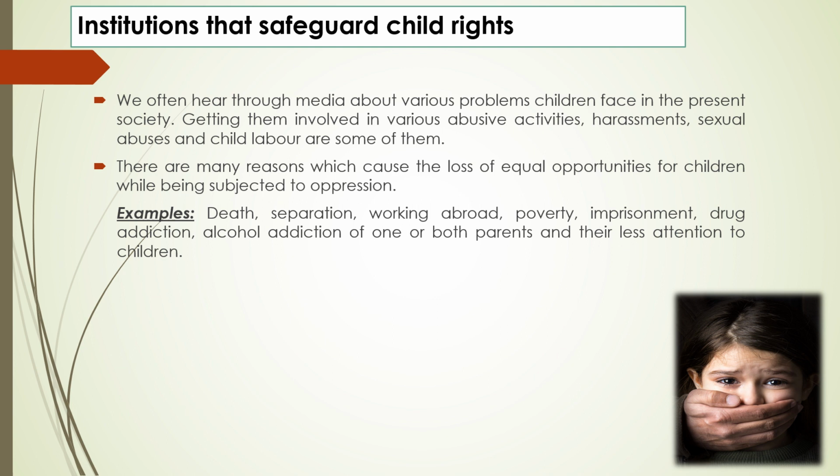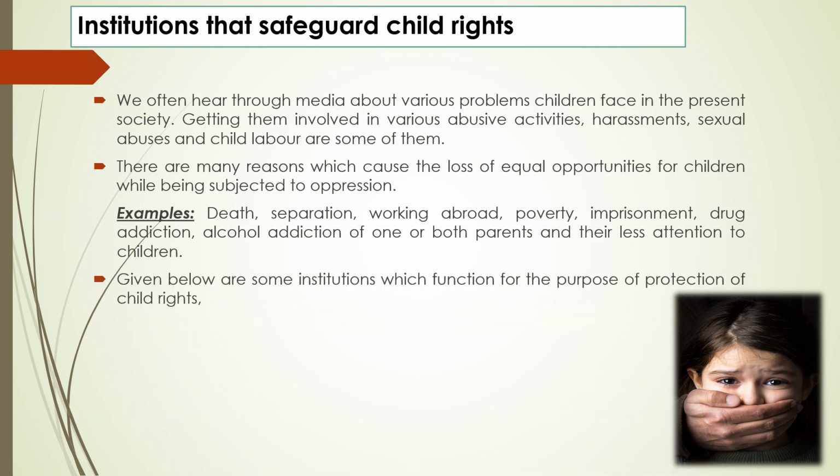Sometimes the parents may be imprisoned for crimes. And drug addiction, alcohol addiction of one or both parents, and their less attention to children. These problems adversely contribute to the children's lives, and create unwanted environments for the children.